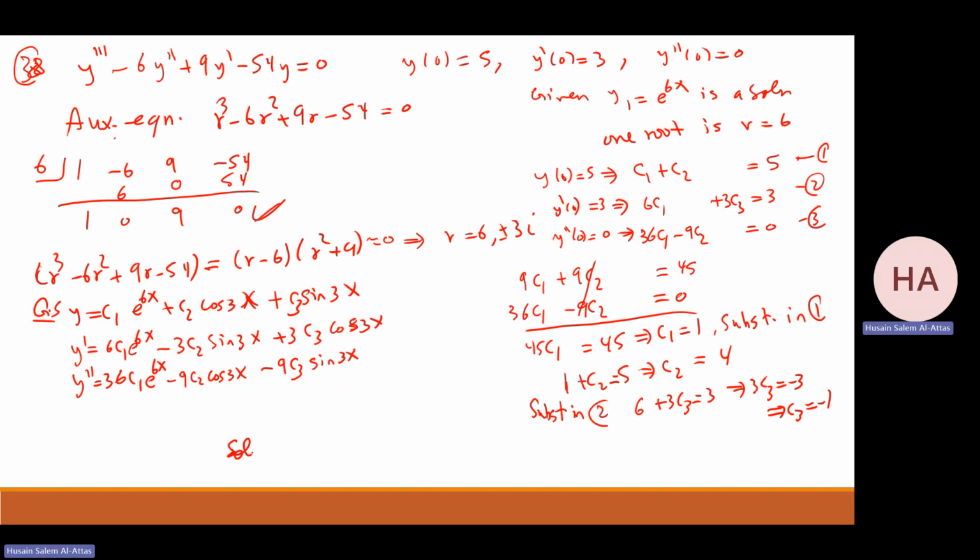So what is my solution? C1 is 1, so it will be e to the power 6x, C2 is 4, plus 4 cosine 3x, C3 is minus 1, minus sine 3x.